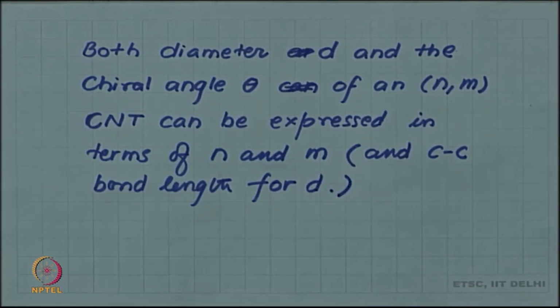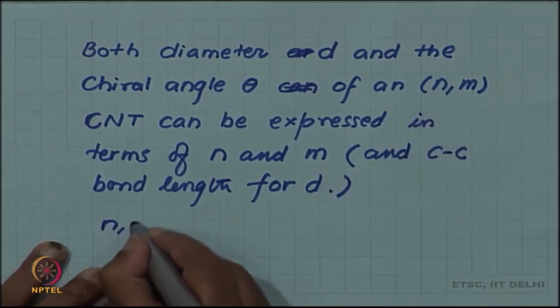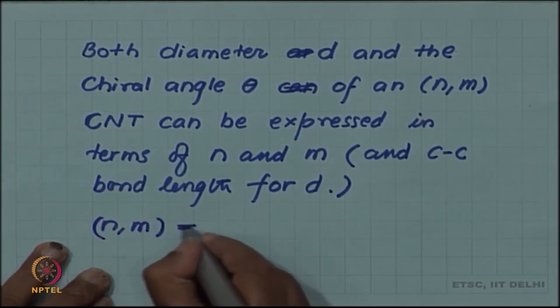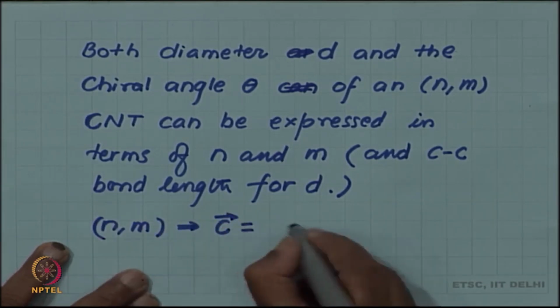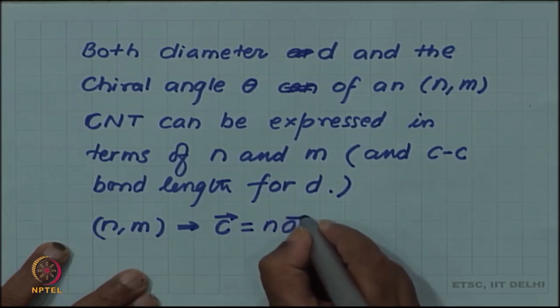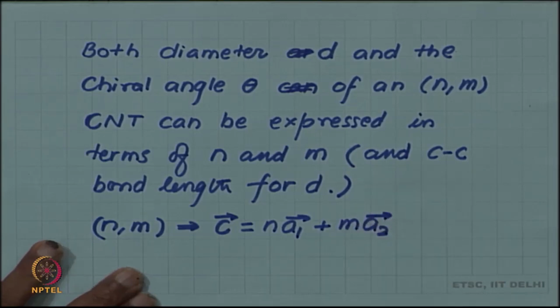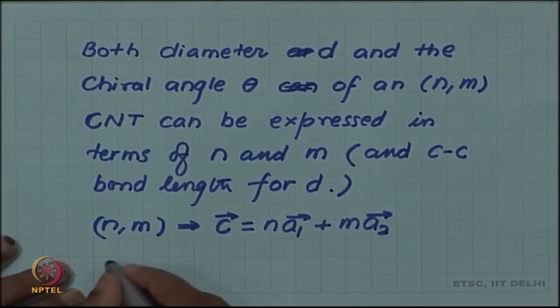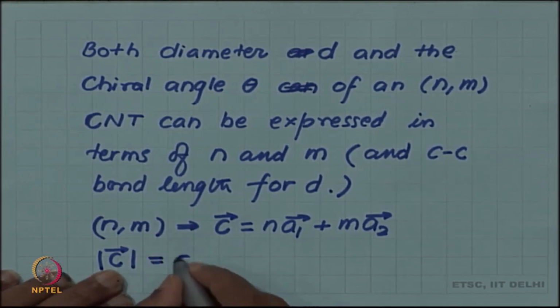So, this is an interesting geometrical exercise which I want to leave as a homework for you, because you can see that once N M defines the circumferential vector C, because C is nothing but n times A1 plus m times A2, and of course, once you know the vector C, the length of C is nothing but the circumference.